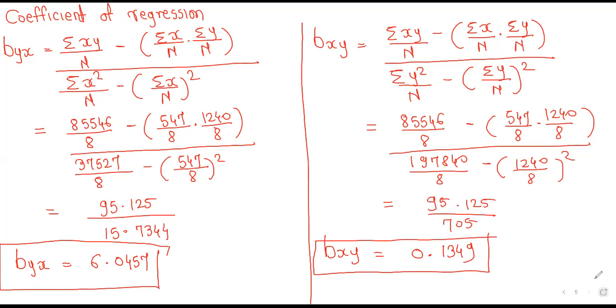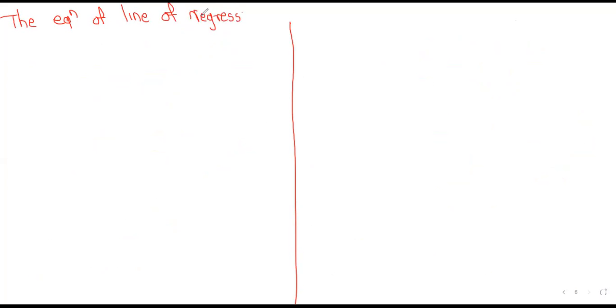Now by using these two values, we calculate our lines of regression. Okay. So first of all, we calculate the equation of line of regression of y on x, which is y minus y bar is equal to byx into x minus x bar. Okay.